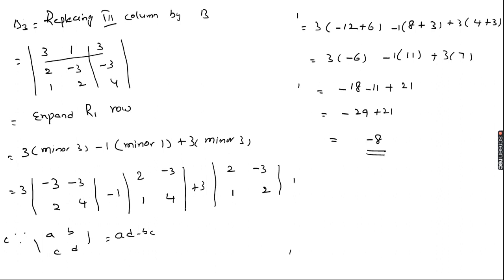So finally we find that delta is equal to 8, delta 1 equal to 8, delta 2 equal to 16, delta 3 equal to minus 8. We find x.